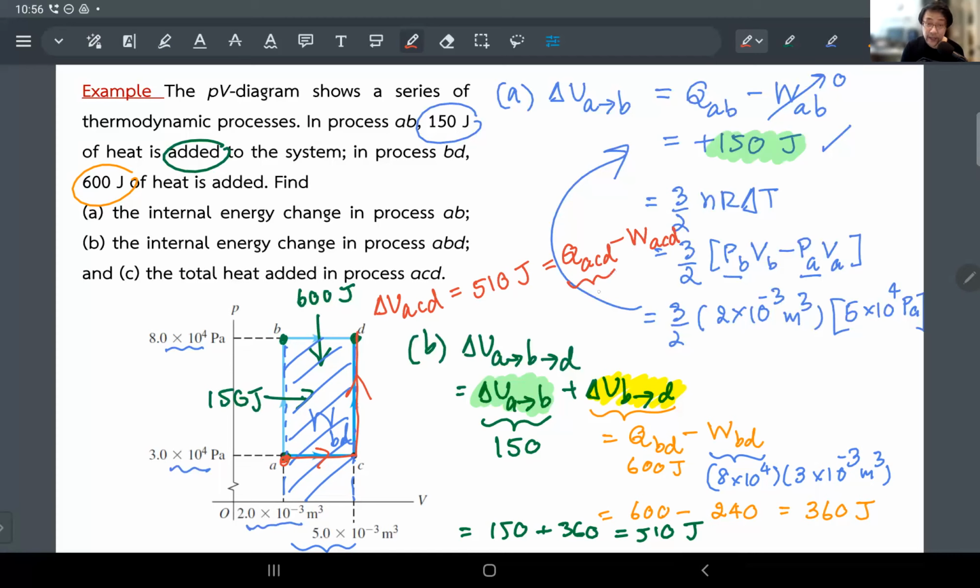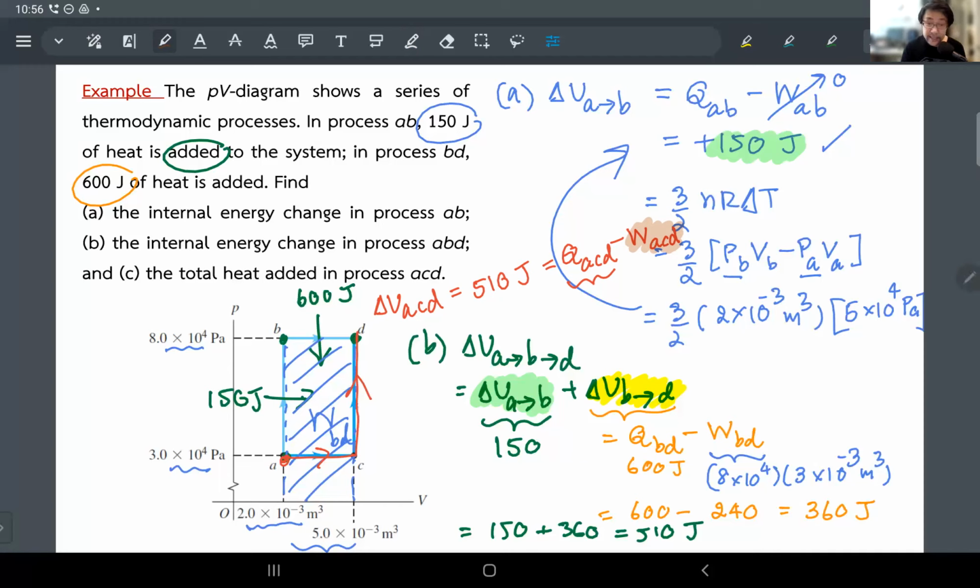The only thing left for you to calculate is the work. If you can figure out the work done from A to C to D, then you move it from the right side of the equation, add it to 510, and you get the heat during the A to C to D process. Sounds good?